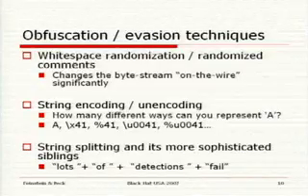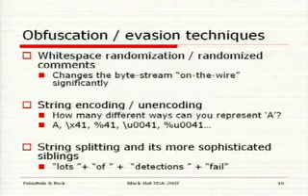Just to review some of these techniques that we see in the wild and that are frequently used, one of the simplest evasion and obfuscation techniques is what we call white space randomization or comment randomization. The reason this is so effective is because a lot of security appliances are looking at a byte stream on the wire and are trying to make decisions about the intention of that traffic from simply looking at that on-the-wire network footprint.